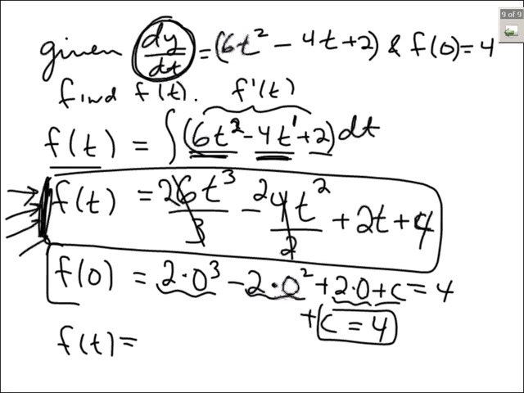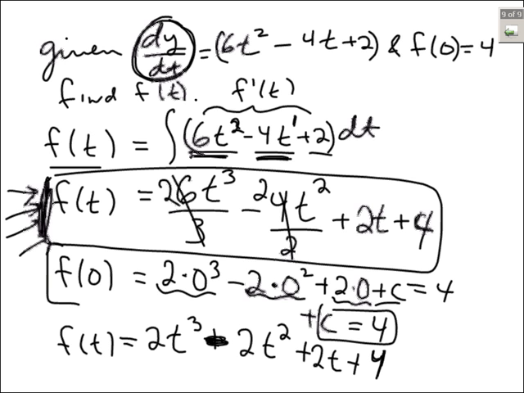F of t is equal to 2t cubed minus 2t squared plus 2t plus good old 4. That's what f of t is. Given our condition, you can find f of t.